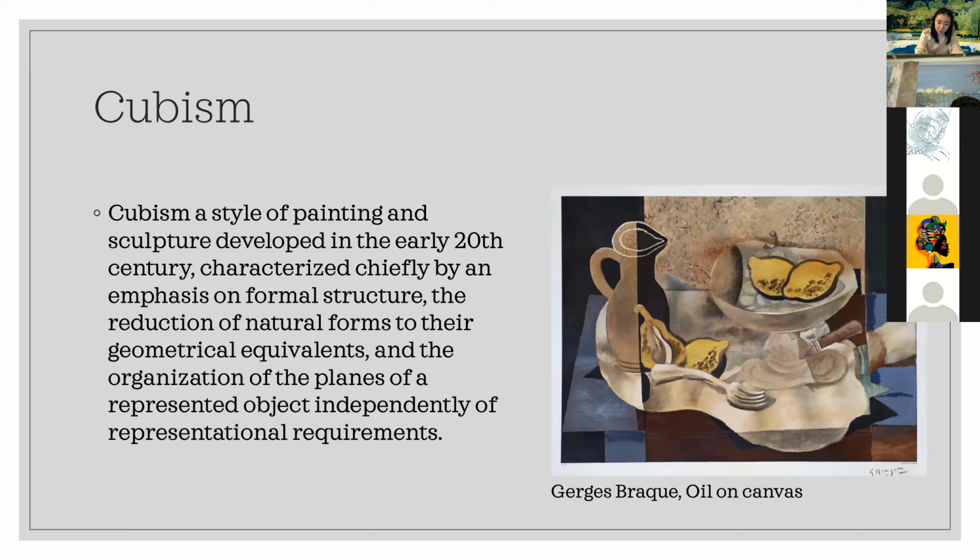Cubism is a style of painting and sculpture developed in the early 20th century, characterized chiefly by an emphasis on formal structure, the reduction of natural forms to their geometrical equivalents, and the organization of the planes of the represented object independently of representational requirements. The most famous artist of Cubism is Pablo Picasso.